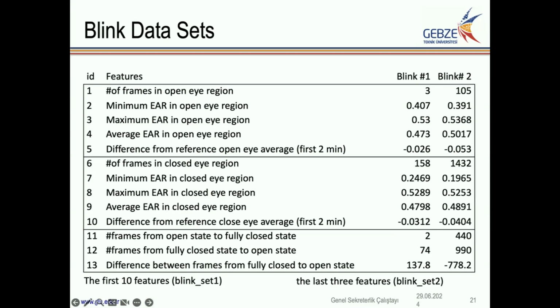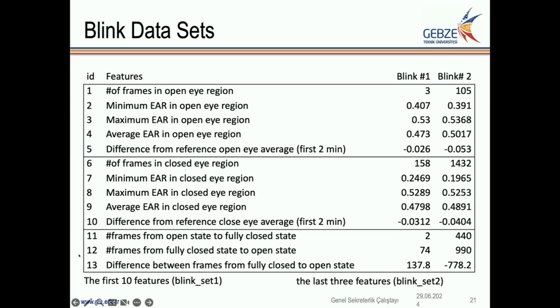In addition, as I said before, we focus not only on the duration of the blinks, we also focus on the opening time. When, for example, the eye has been closed totally, the time from total close to the opening time. So from open state to full closed state is another feature, and from full closed state to open state is another feature, and also we get the distance.